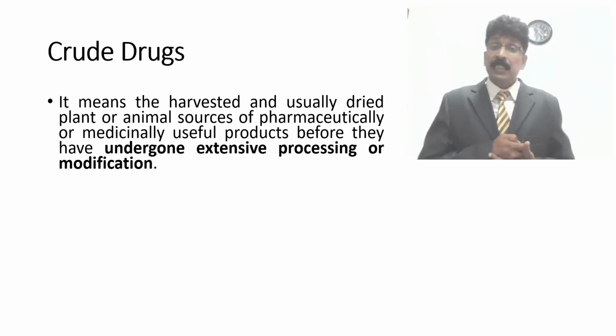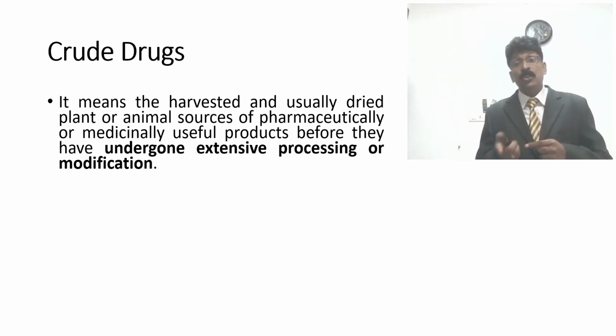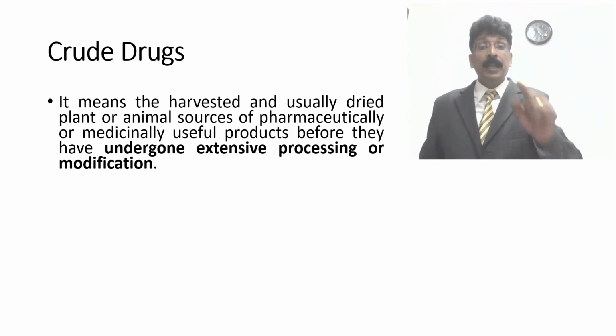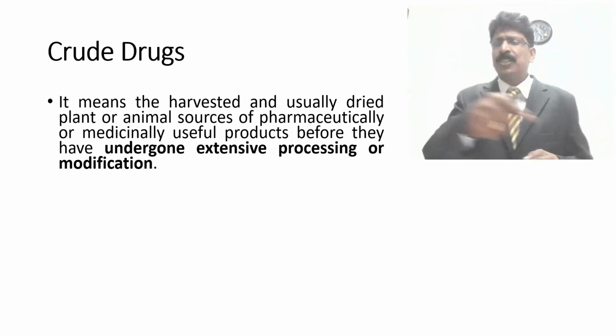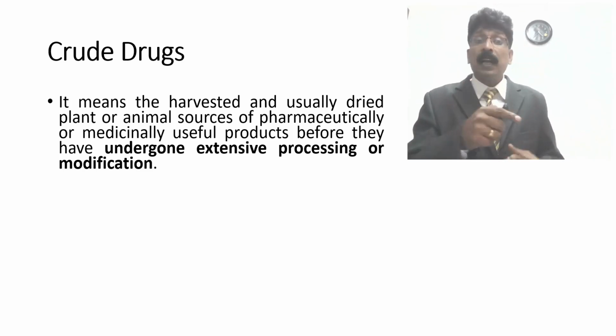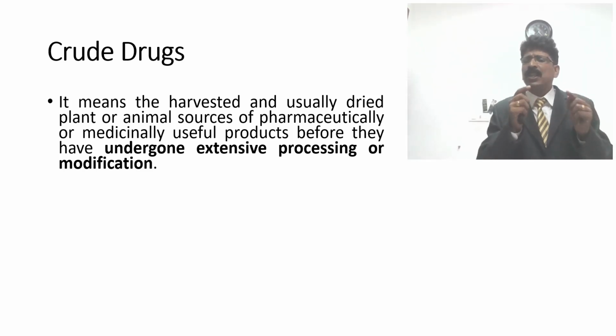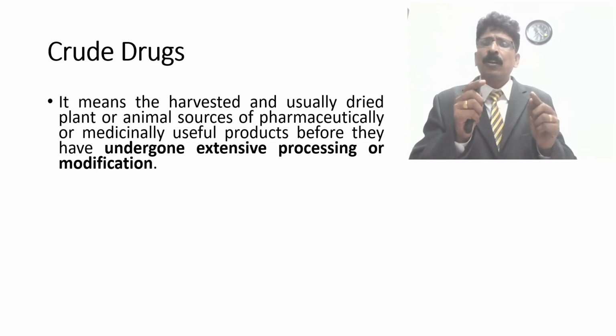It means the harvested and usually dried plant or animal sources of pharmaceutical and medicinal use, before they have undergone extensive processing or modification. This is the word which students should fix in their mind: a crude drug means any drug obtained from plants, animals or a mineral source which has not undergone any extensive processing or modification.